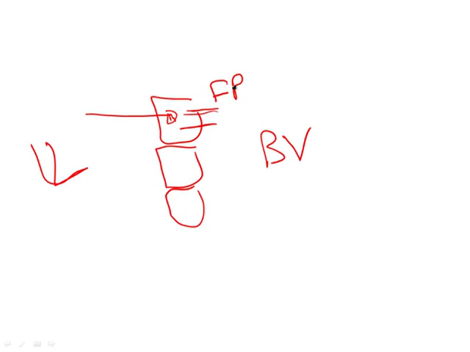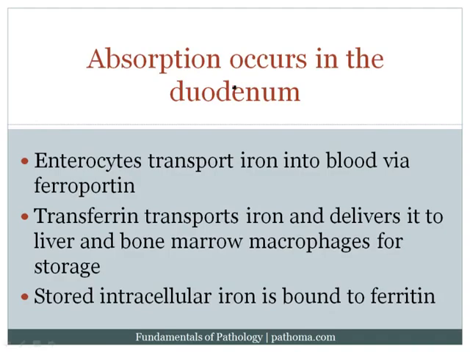And so you only want to bring in iron when it's needed by the body, and you don't want to allow excess iron to come into the body. And so the enterocyte plays that important role of deciding whether or not iron should go into the blood. And it uses ferroportin to make that decision. So ferroportin is the key transporter that takes iron from the enterocyte and places it into the blood.